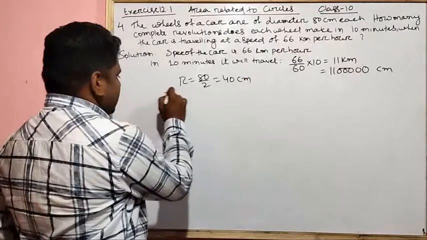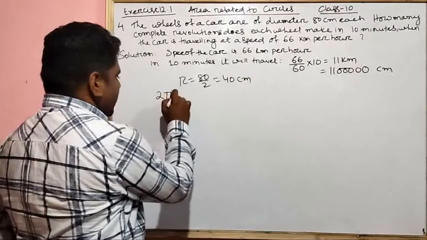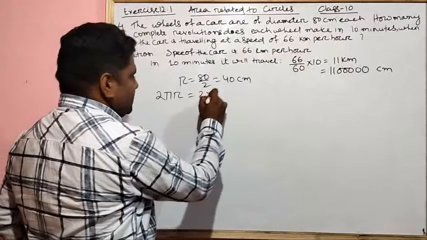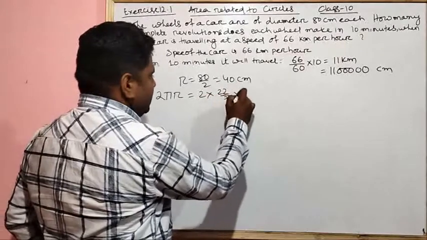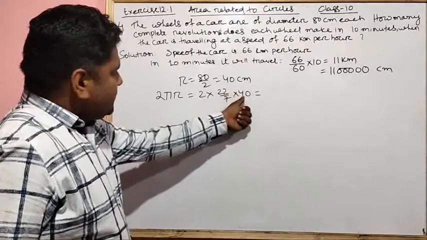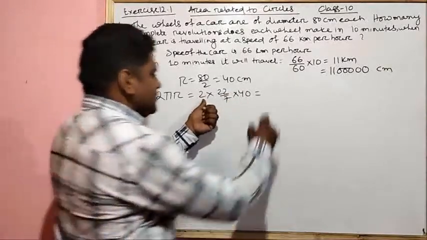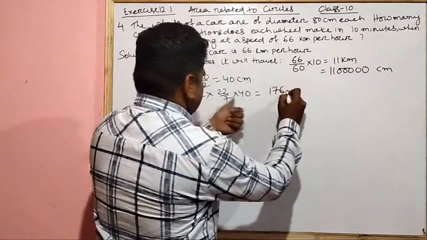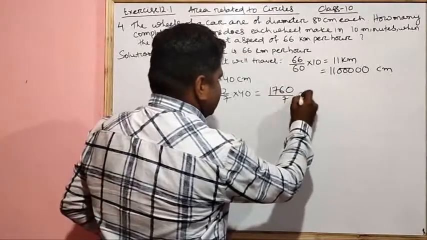Its circumference is 2 pi r equal to 2 into 22 by 7 into 40. It will be 22 into 4 is 88, into 2 is 176, and 0, by 7, this much centimeters.